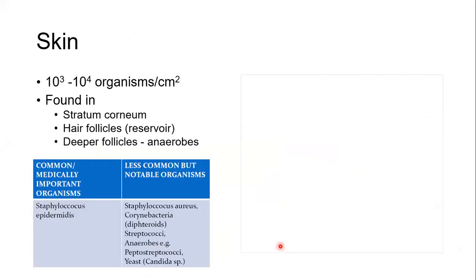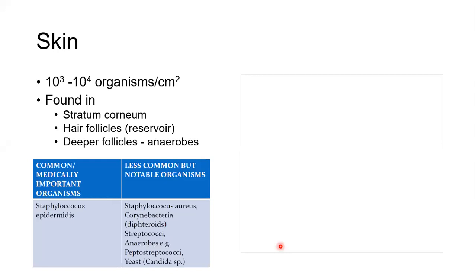So the skin. I think in anatomy, we're always told that the skin is the largest organ of the body. And surprisingly, it also has quite a large amount of microorganisms on it, 10^3 to 10^4 organisms per centimeter squared.